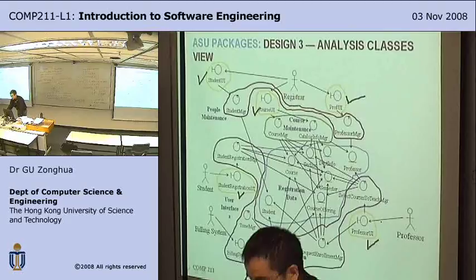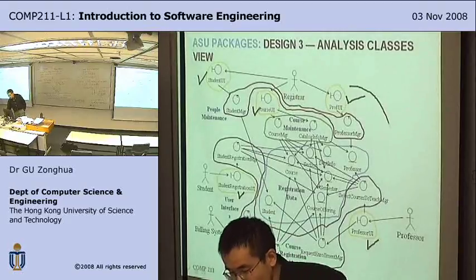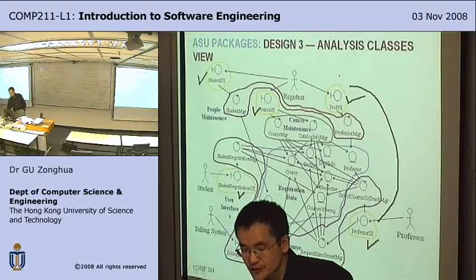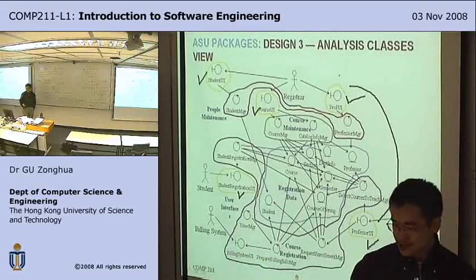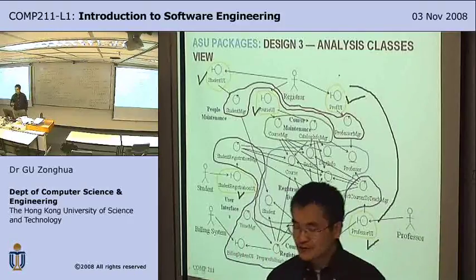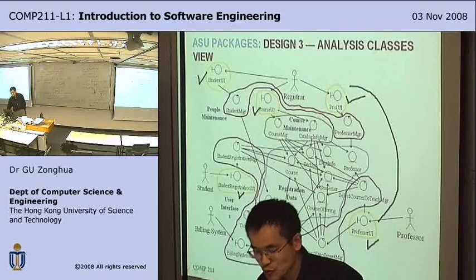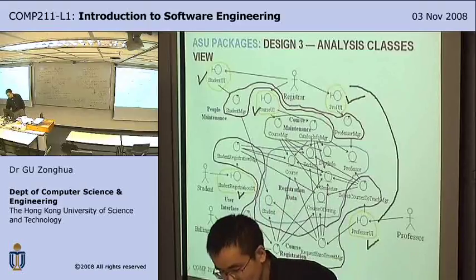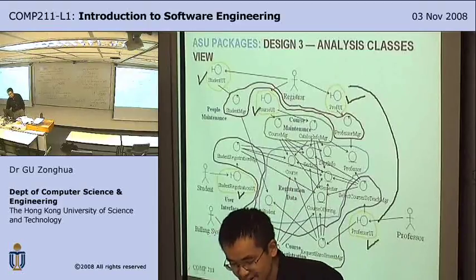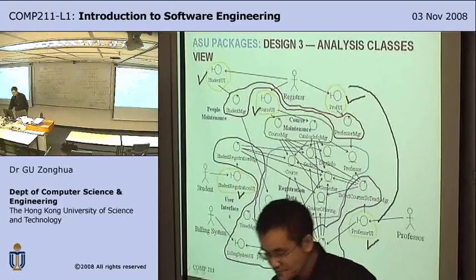So these two professor UIs are different. One is for the registrar to enter or update professor information. One is for the professor to access course information. So these are different boundary classes.